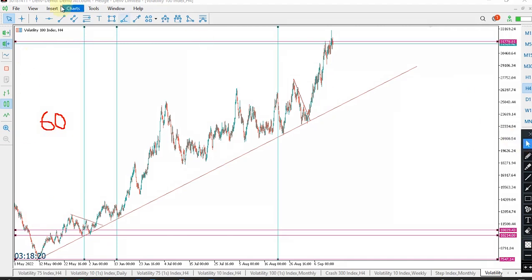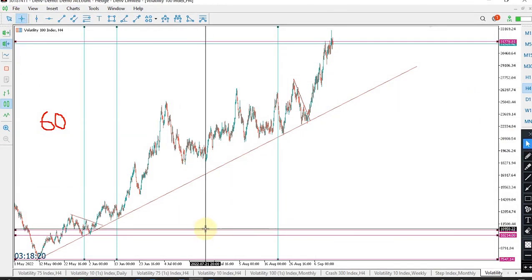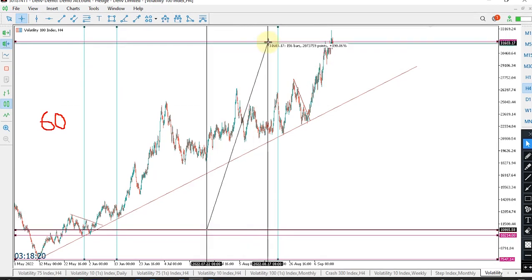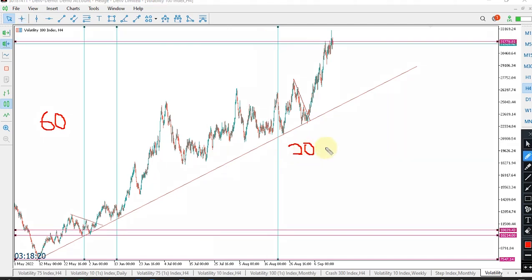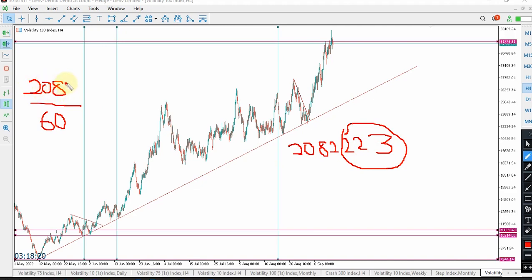Then how many points do I have from here to where the current market is? Can you see that? What I can see here is 2082.